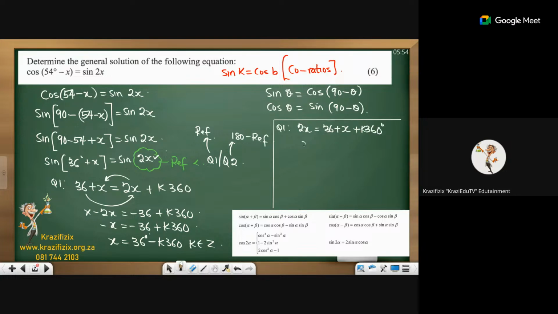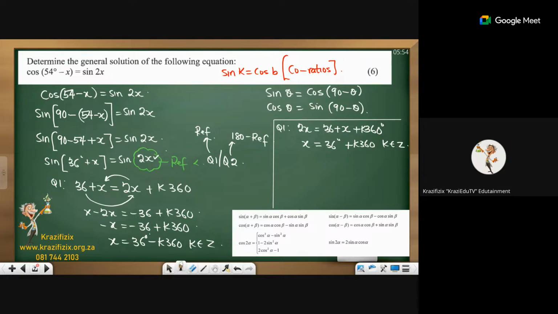I bring x over. x is 36 degrees plus k times 360, k being an element of integers. Both of them give you the same answer because you could either use the 2x as your reference angle or use the 36 plus x as your reference angle. Whichever one works. Now, that is quadrant 1.